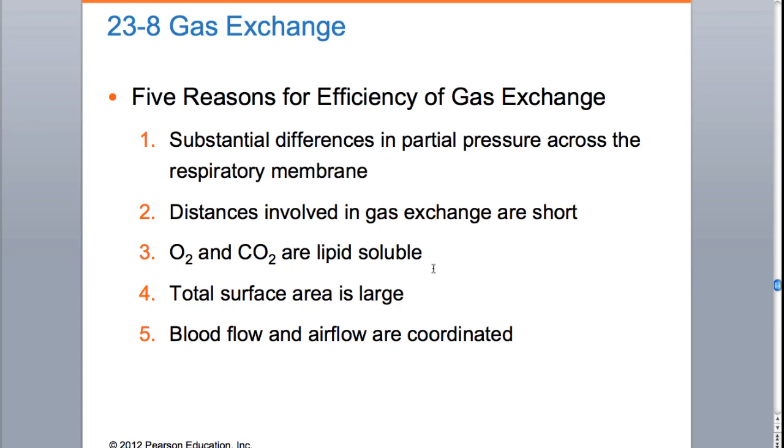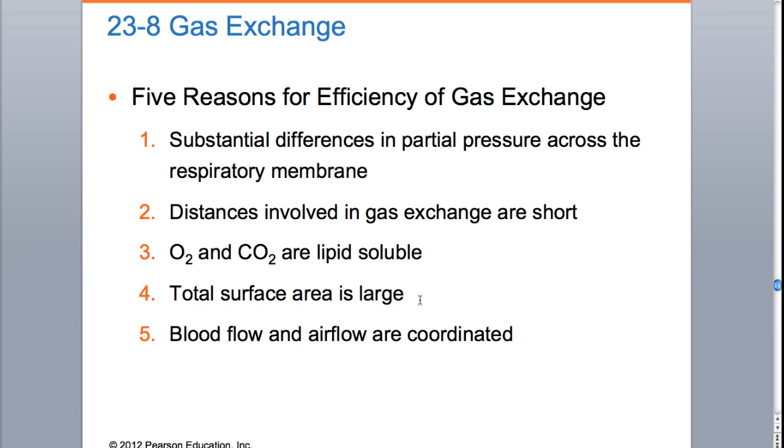For some reason, if you change the solubility of the membrane, you're going to have a problem. Number four, surface area. If you start having emphysema and you have less and less alveoli for gas exchange, that's going to cut down on your efficiency because you're going to have less surface area for gas exchange. So you have to have the right surface area, the right distance, and the right partial pressures of the gases to make that work.